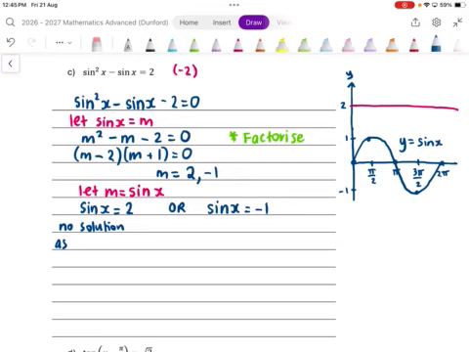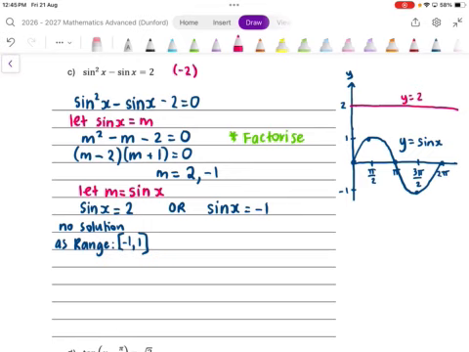All right, and this is because the range of our sine curve is -1 to 1. So our y value of 2 is outside our range. Does that make sense to everyone? Yeah. So we can only deal with when sine equals -1, 1 or 0.